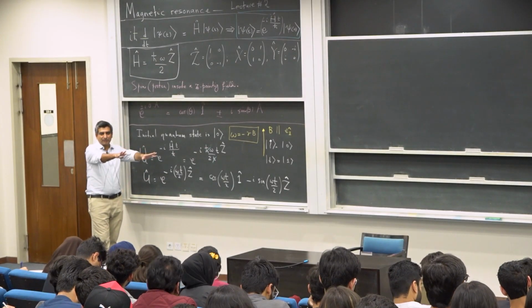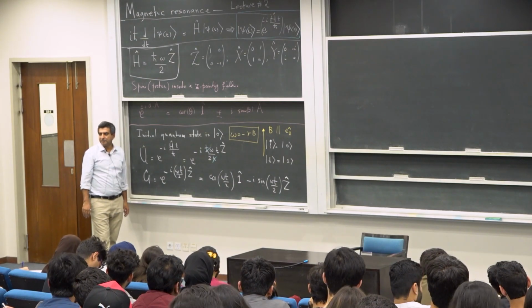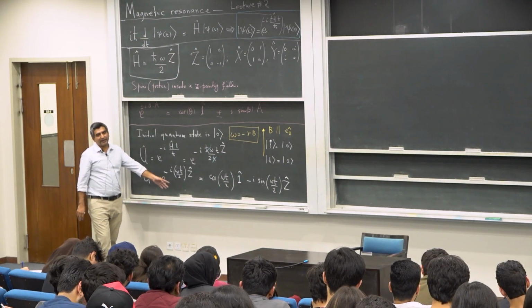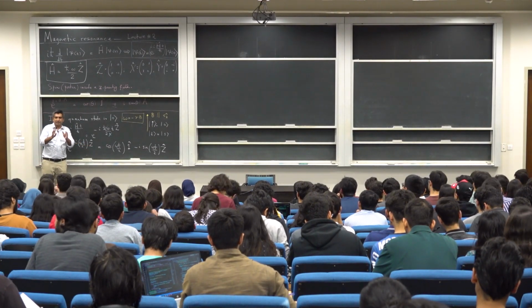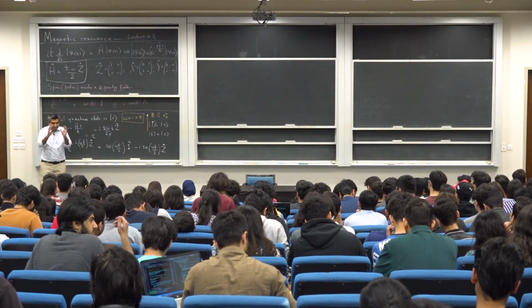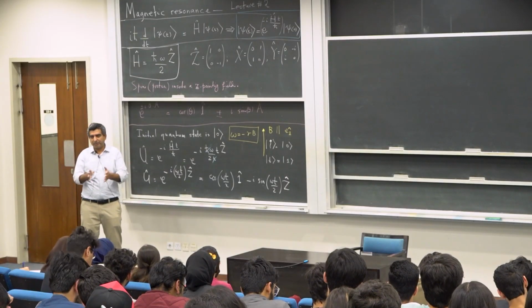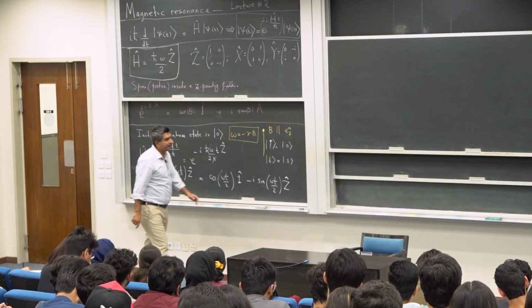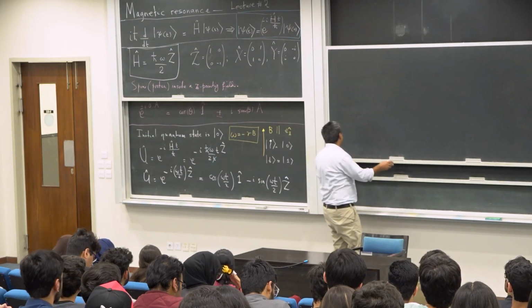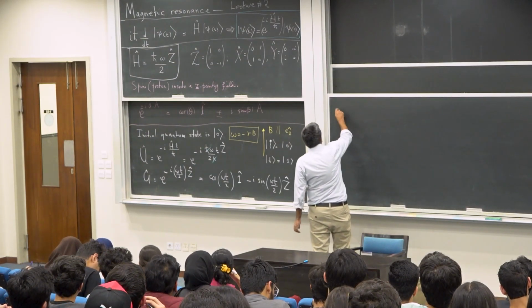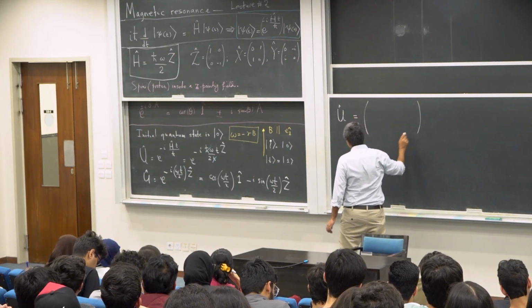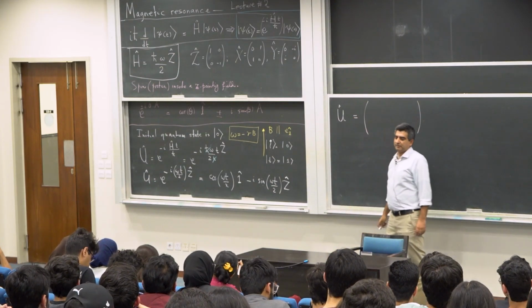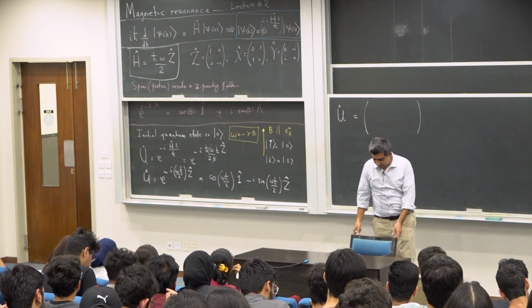This acts on the quantum state. Now I could write this in matrix form. Since I'm dealing with a single qubit, the spin half system is a single qubit, it's just going to be a 2 by 2 matrix. So could you please write down the unitary operator corresponding to this Hamiltonian? What does the matrix look like?